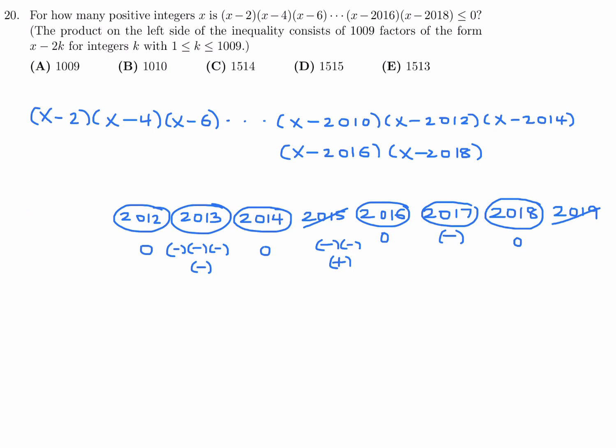Now let's see what 2011 is. Hopefully there's a pattern here. When it's 2011, everything here will be positive, but then you'll have four negatives, which will be positive. So we cross that out.